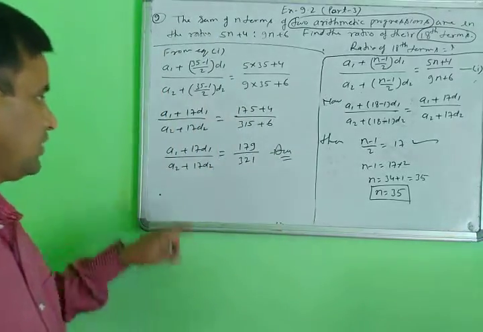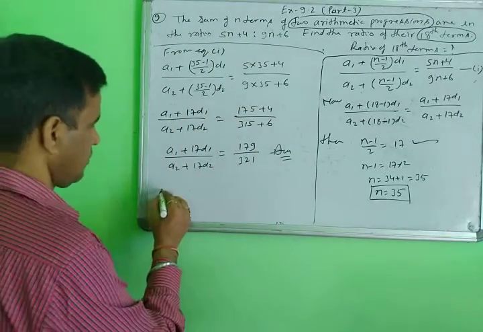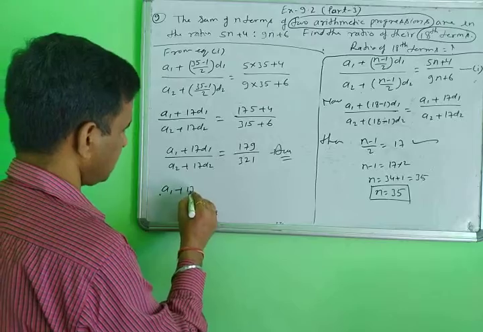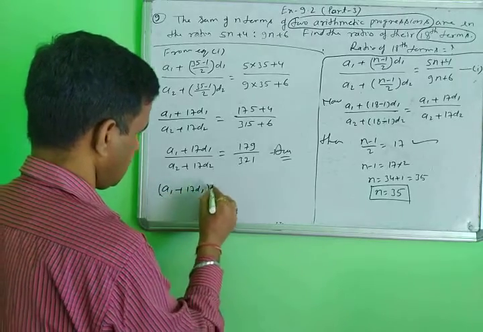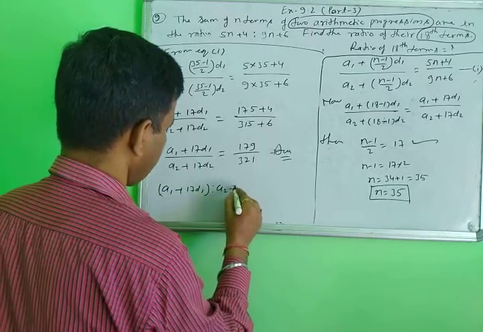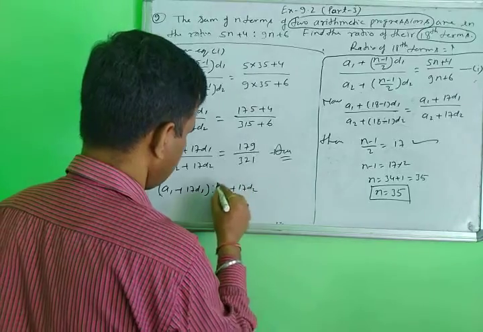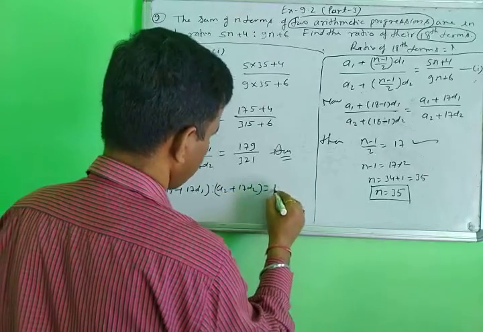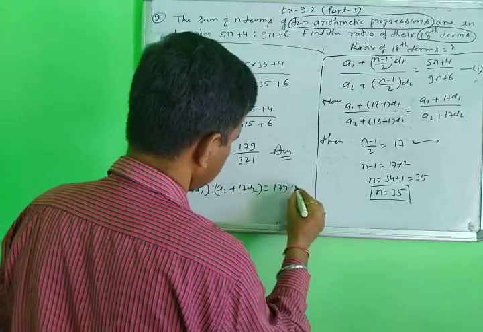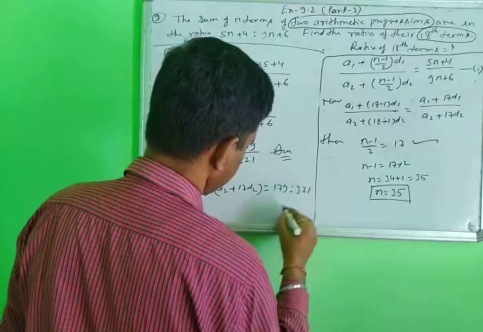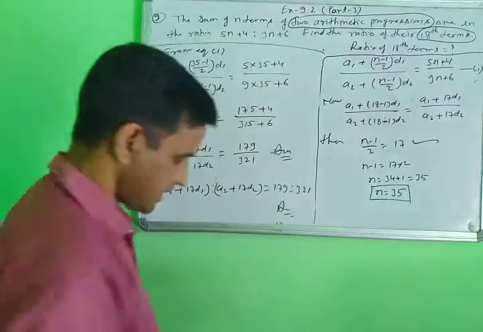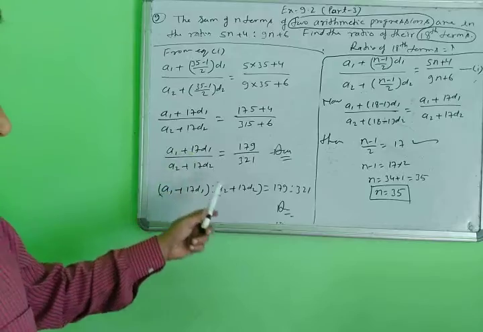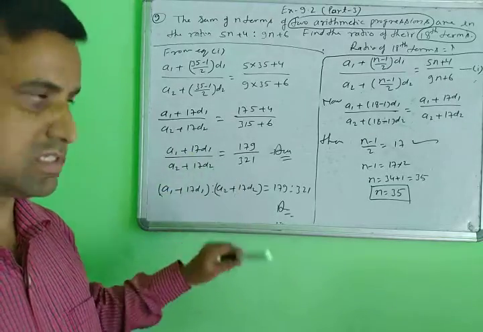The ratio of a1 plus 17 d1 to a2 plus 17 d2 is 179 to 321. You can write the answer in fraction form or in ratio form, both are the same.